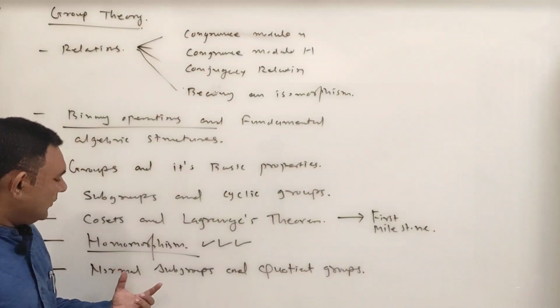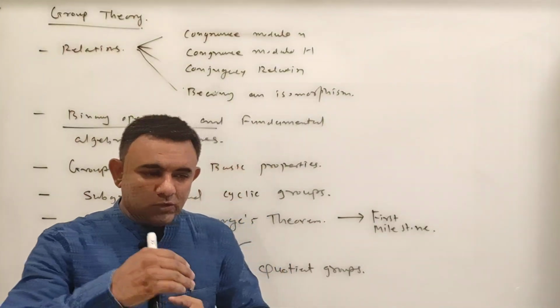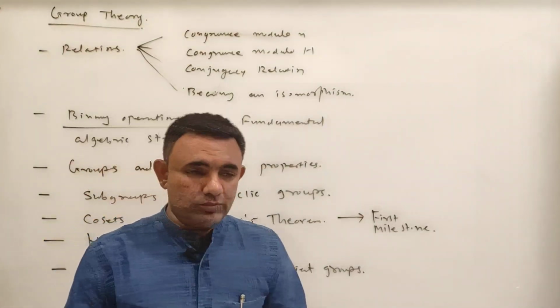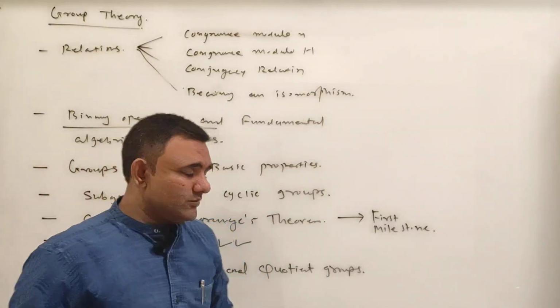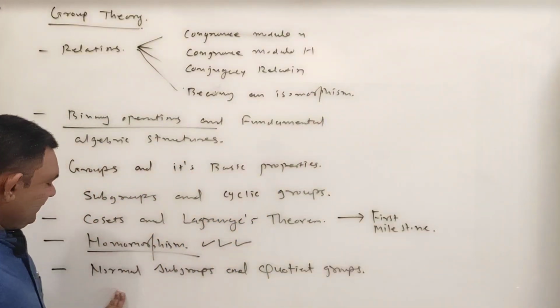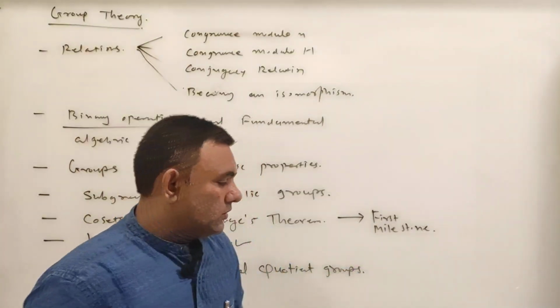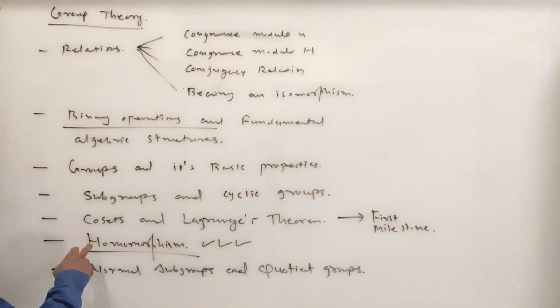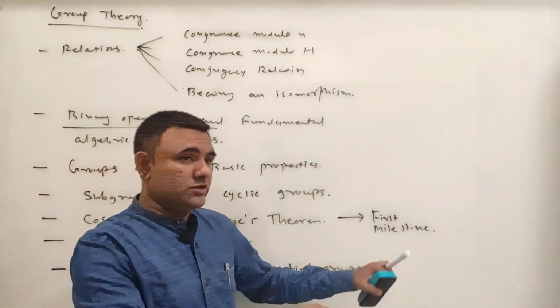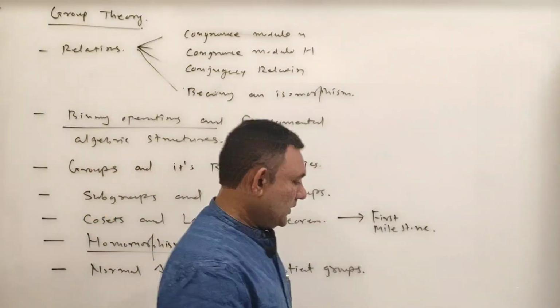So with the help of this normal subgroup and quotient group, you have more information about the group. And here we learn the first, second and third isomorphism theorems, etc., and quotient group, of course. And we analyze the group with the help of homomorphisms, normal subgroups and quotient groups. And the group will unfold more.